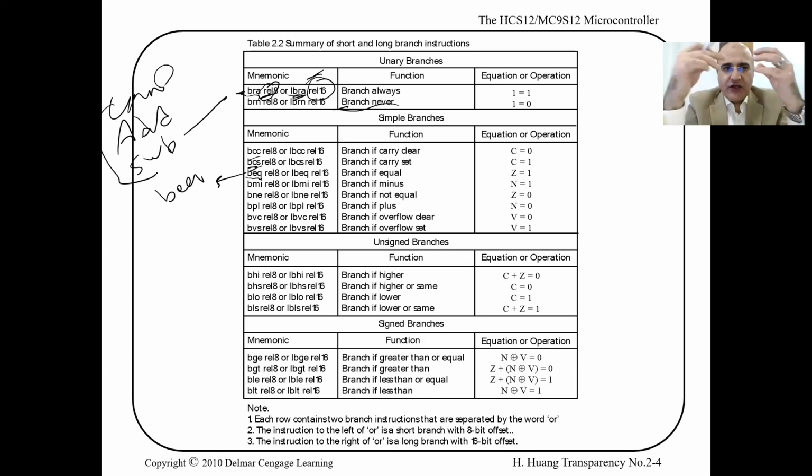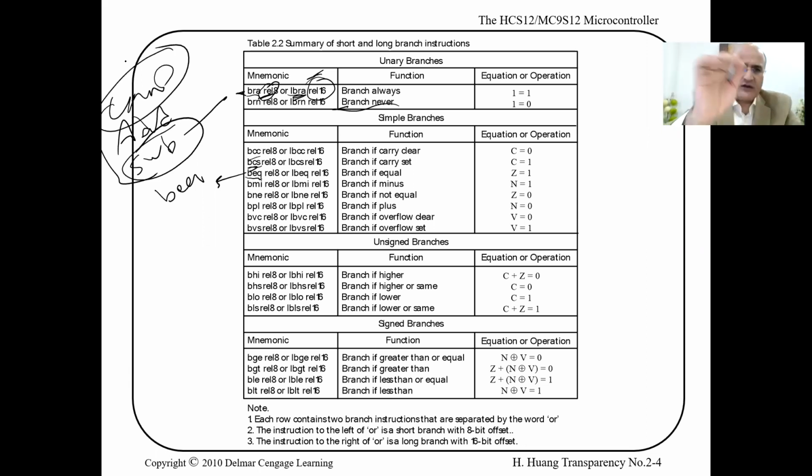After you subtract two numbers or add them or compare them, compare means it subtracts but without saving the result. Subtract and compare are the most common. After you subtract two numbers and the result is 0, the Z flag becomes a 1.